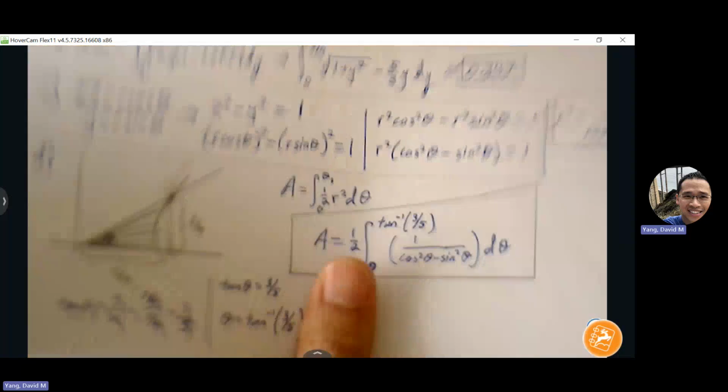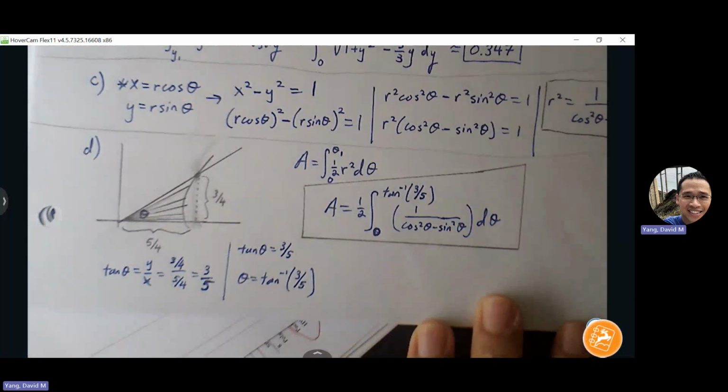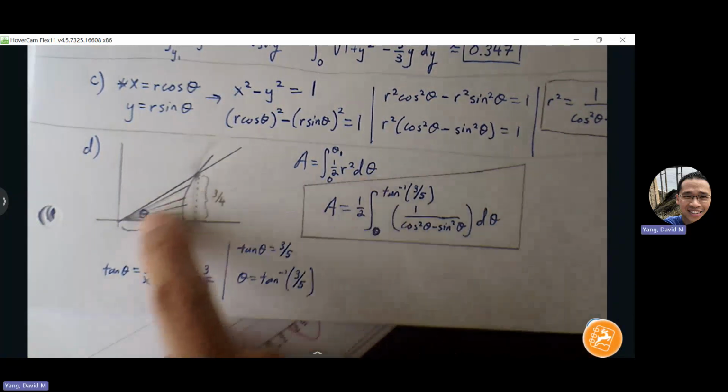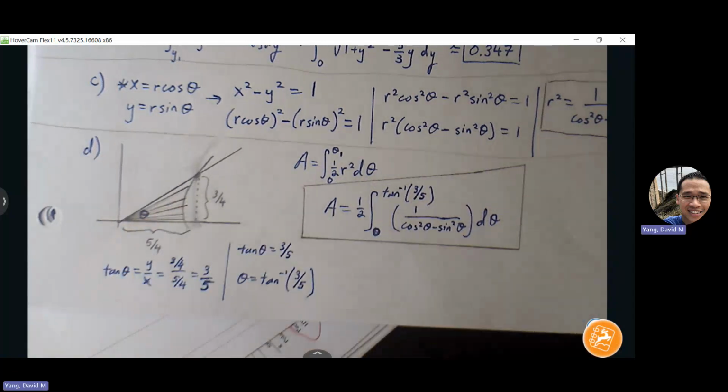Part B. I don't know how you came to the upper bound. Right here, this theta. We know that theta is some degree measure, or some radian measure. The only way that we can get to this theta value is using x and y.